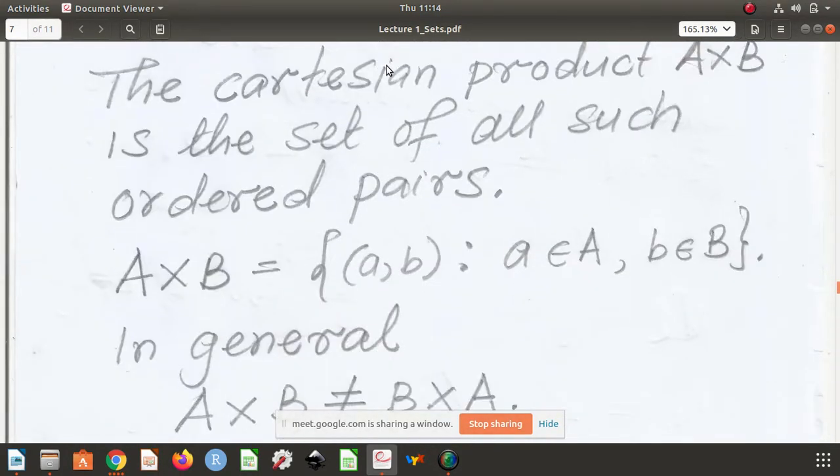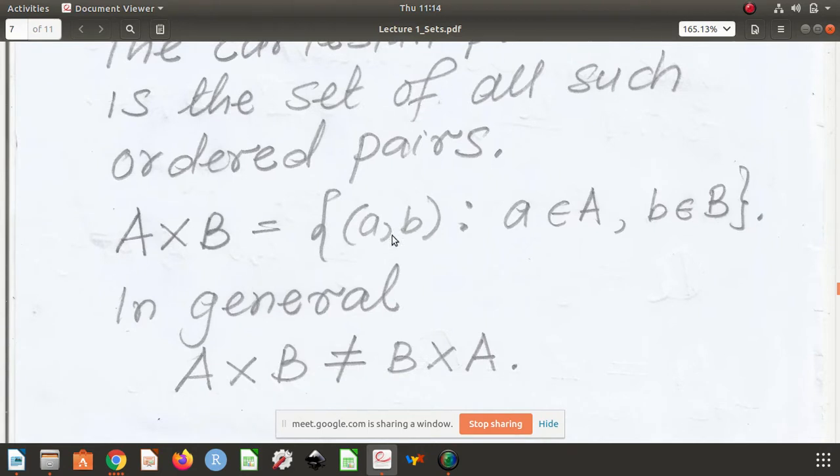If you are to write it out as a set, A cross B will consist of all ordered pairs, where ordered simply means you maintain the order. The first element will always be from A, and the second element will always be from B.